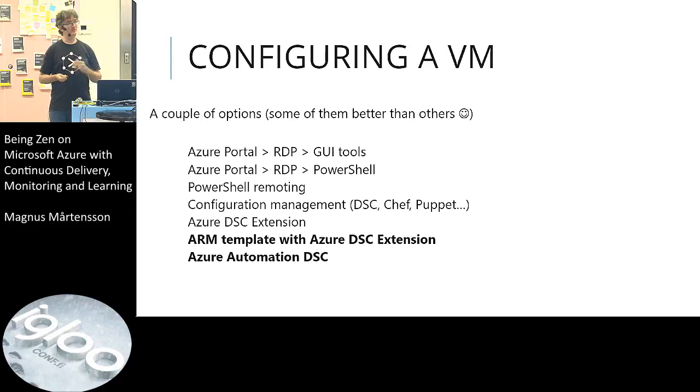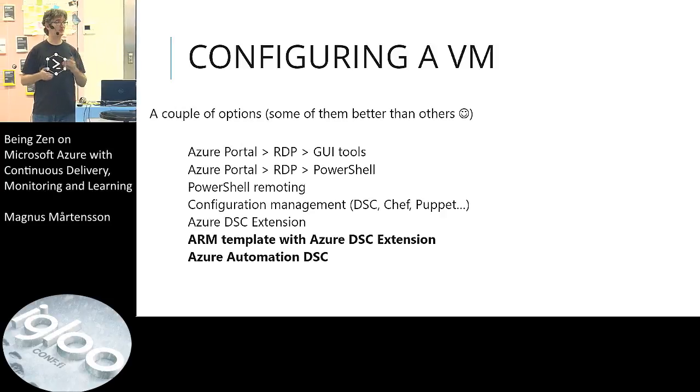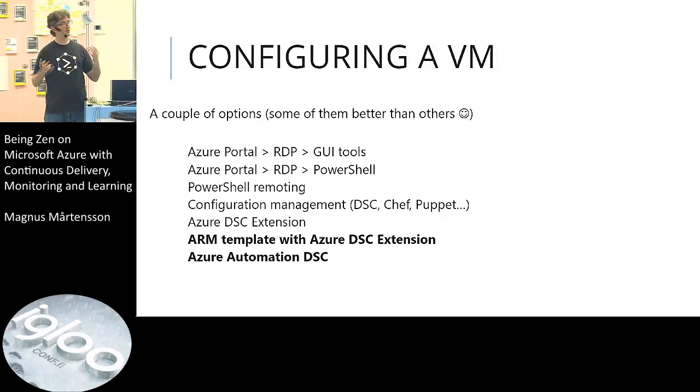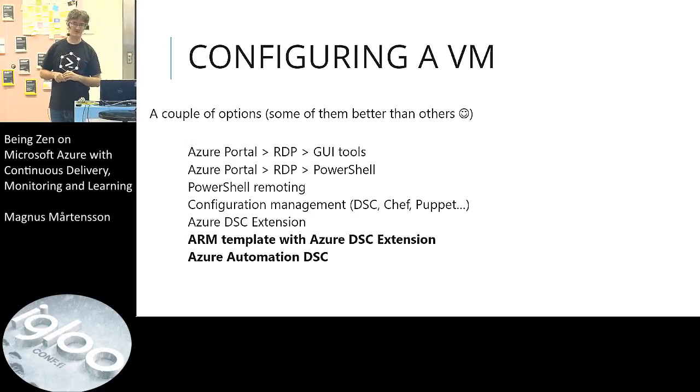Then we can use something new that Microsoft created called the Azure DSC extension that gives you a way to remotely pass the configuration to your VM and configure it to a state that you want. Or you can use an ARM template together with the Azure DSC extension, which can be kind of an ultimate goal for this presentation as well.